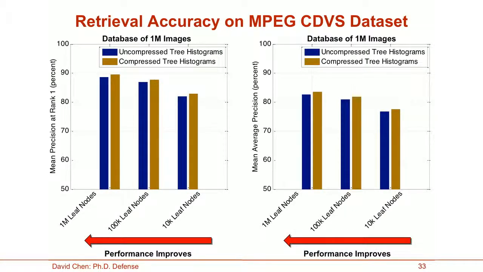We see that as the tree size increases, the performance generally improves. Also, within each tree configuration, we compare uncompressed and compressed tree histograms. The compressed tree histograms perform slightly better. This is because the Lloyd-Max quantization of the counts actually makes the query and the database counts more similar.